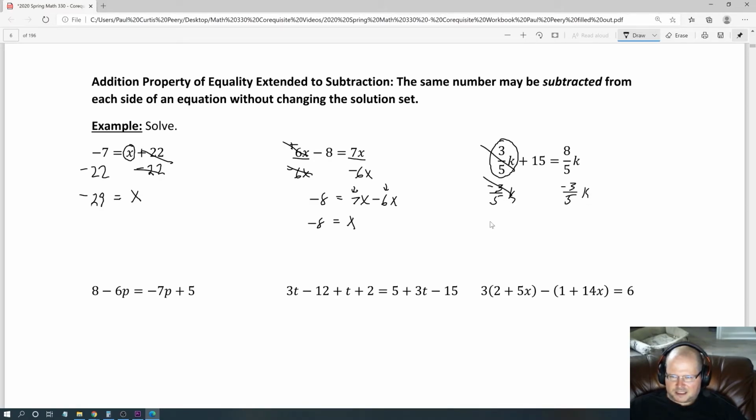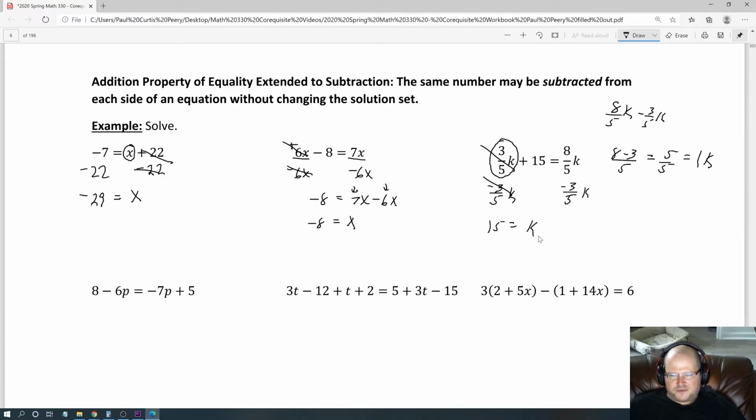These cancel out, and that gives me 15 is equal to, okay, so I'm going to do a little side work here. So we have 8/5 k minus 3/5 k. So we're going to say 8 minus 3 over 5, basically, which gives me a 5 over 5, which gives me a 1. Let's stick k back on there, right? Which gives me k.